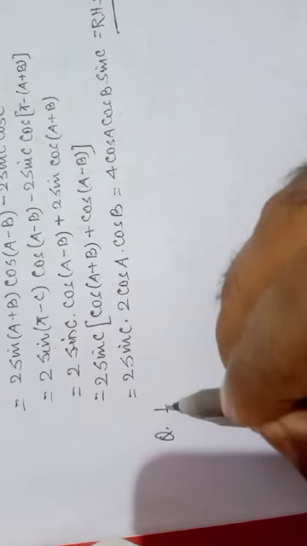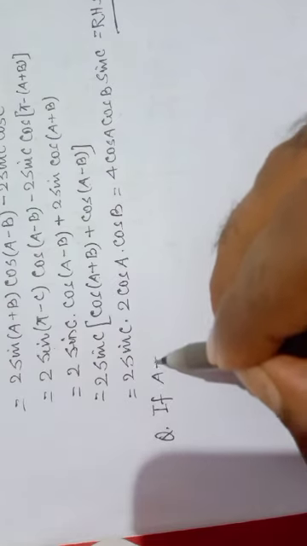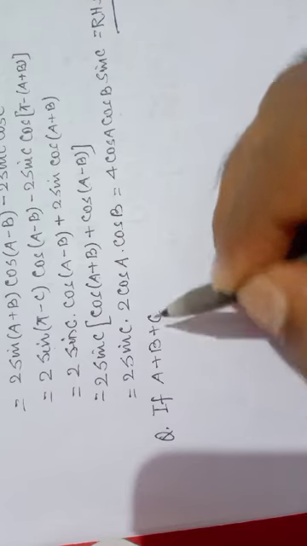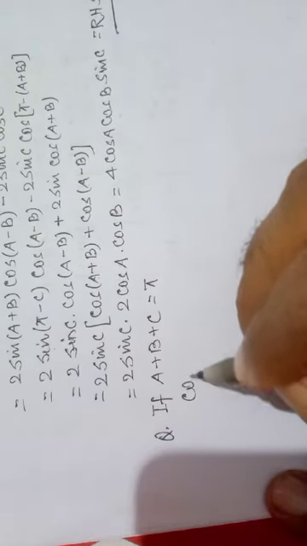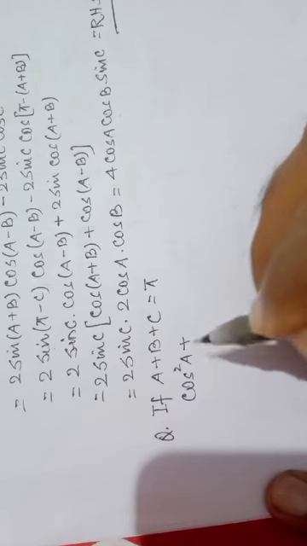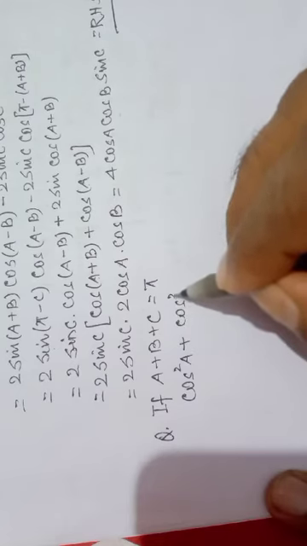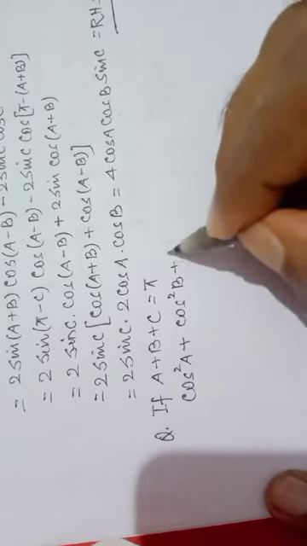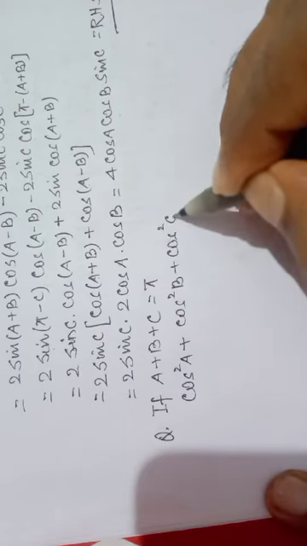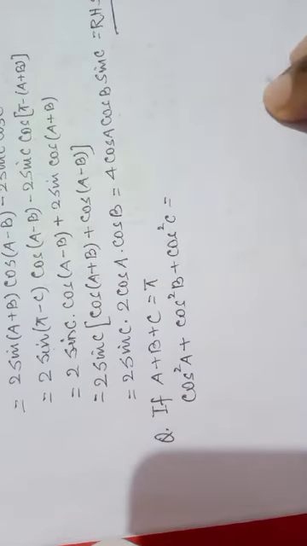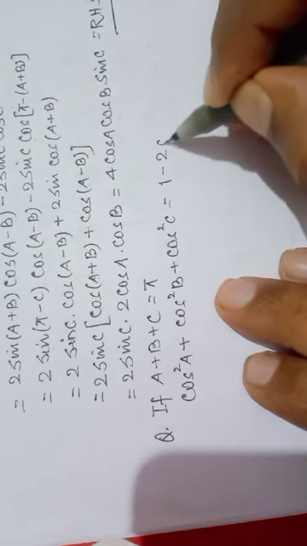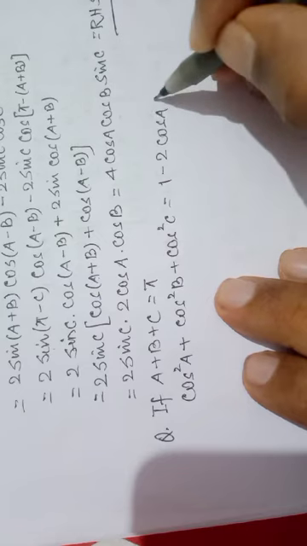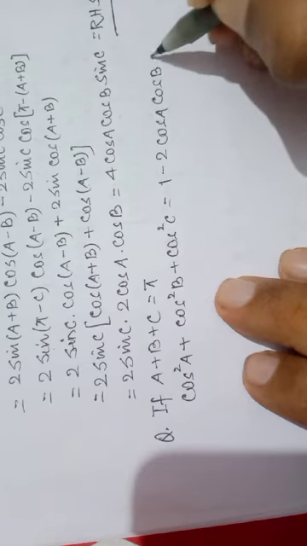If A plus B plus C is equal to pi, then prove that cos square A plus cos square B plus cos square C is equal to 1 minus 2 cos A into cos B into cos C.